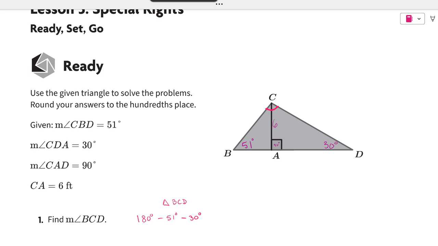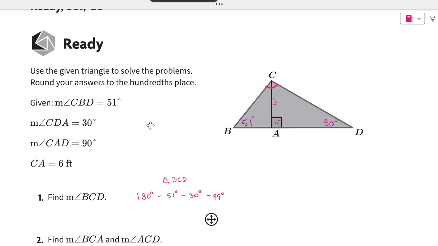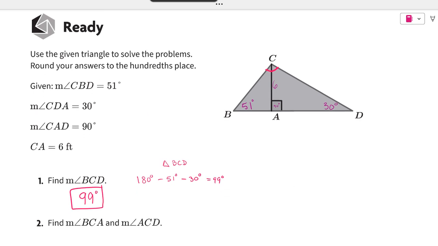That leaves us with the remaining angle, which will be our measure for angle C. So 180 minus 51 is 129, and then we subtract another 30, we get 99. So the measure of angle BCD is 99 degrees. It is important to make sure we include that degree symbol as well.